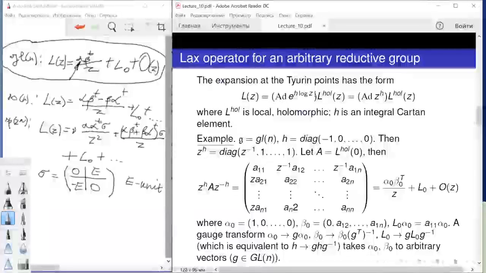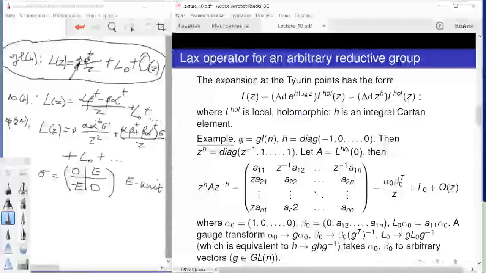Here are two forms. If it is more convenient to somebody to define z to h as the exponent of h log z, then you can do it. It depends on your personal taste. But these two expressions are completely equivalent.